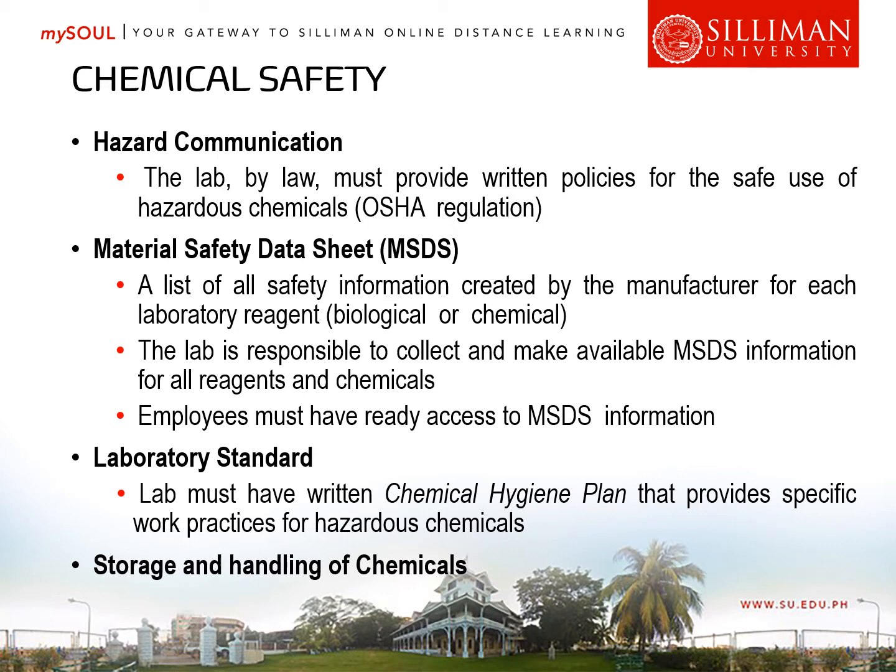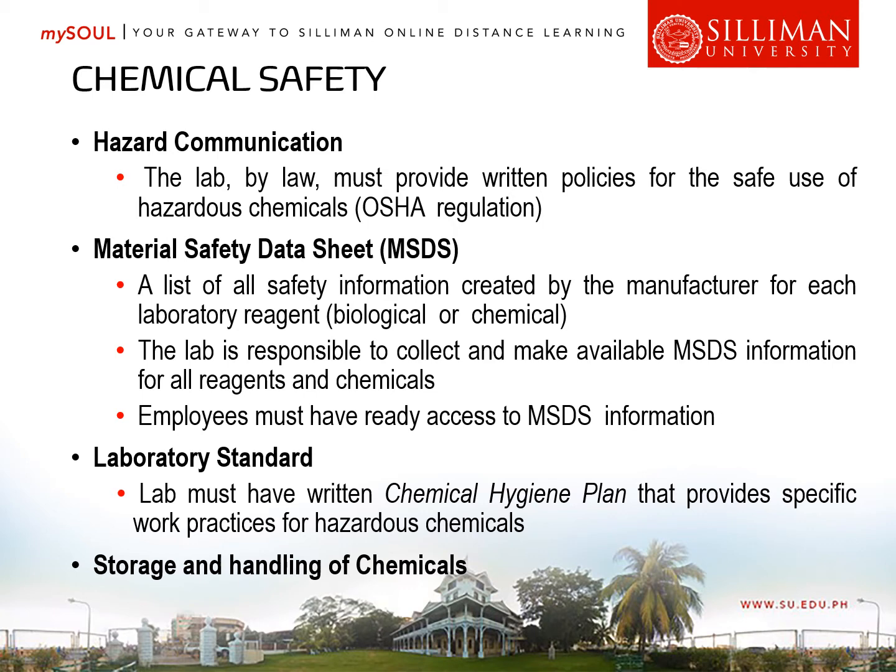The third here is your laboratory standard. Laboratories must have a written chemical hygiene plan that provides specific work practices for hazardous chemicals. So, in cases of accidental chemical spills, what must be done, what should the laboratory technologists do in order to avoid being exposed to chemical spills.